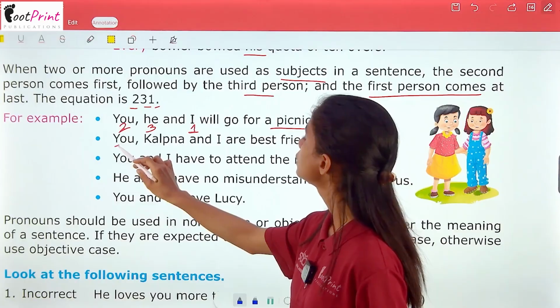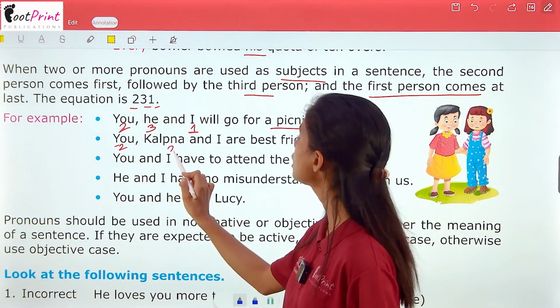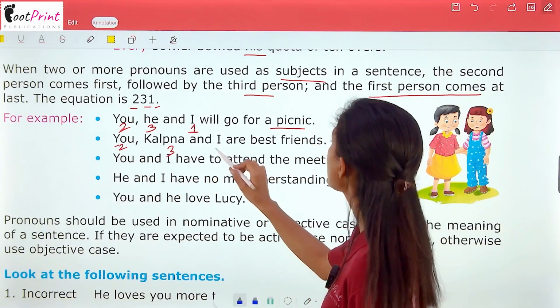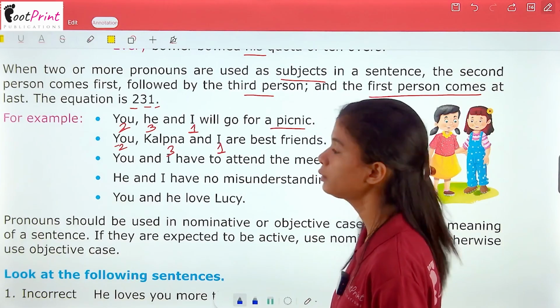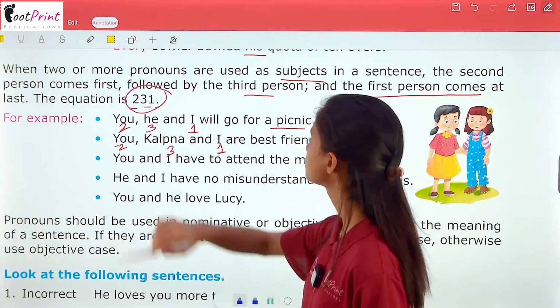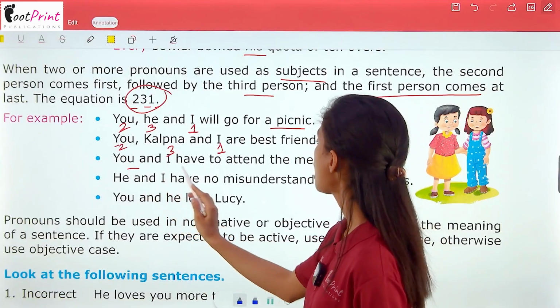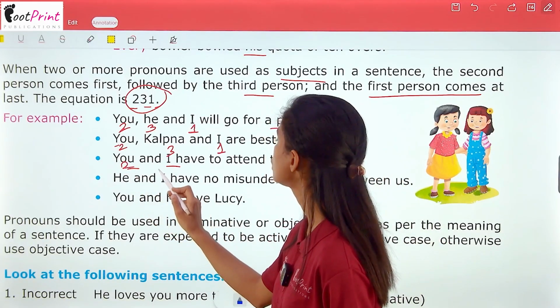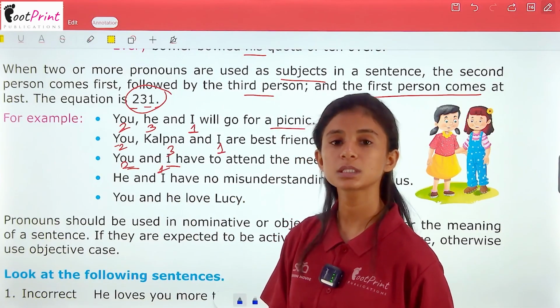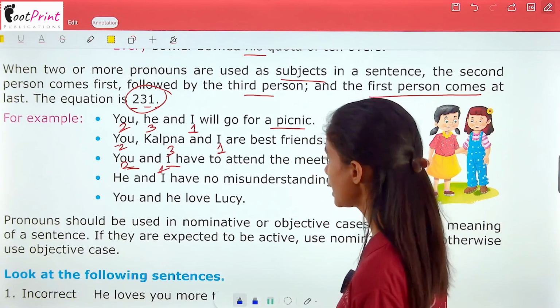You, second person, Kalpana, third person, and I, first person, are best friends. So again we are using the same equation. You and I have to attend the meeting. Or if the third person is not there in the sentence, the first person will follow the second person. Alright?